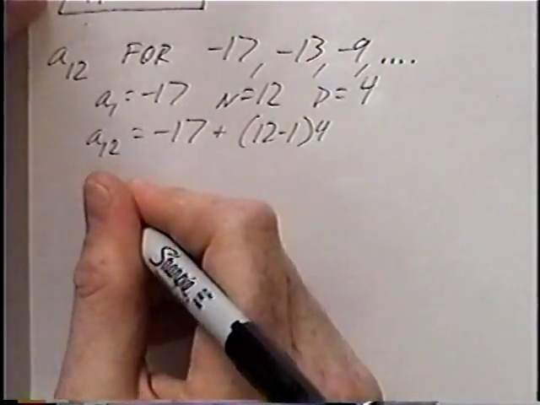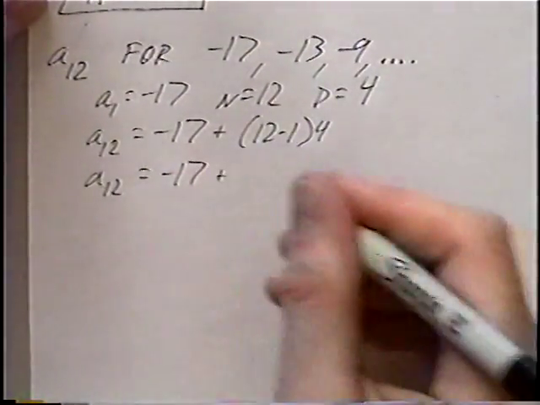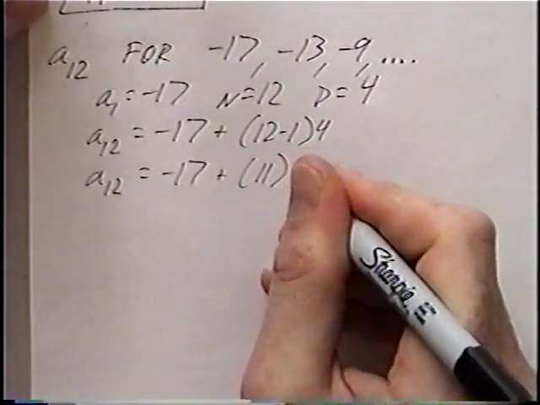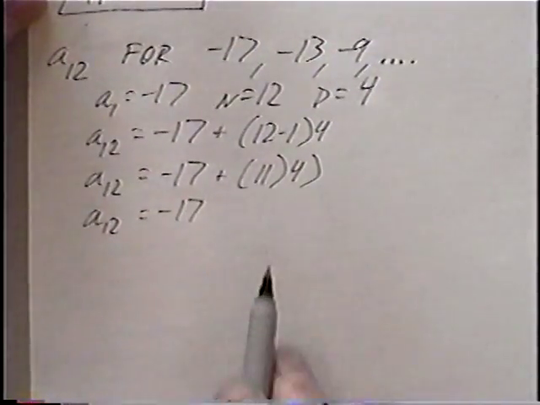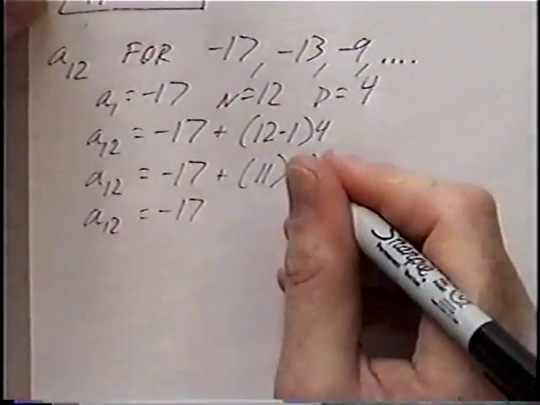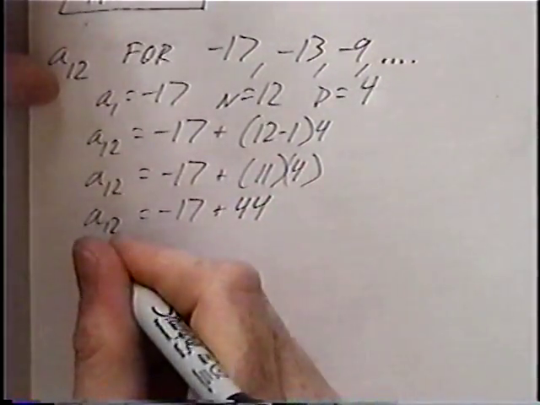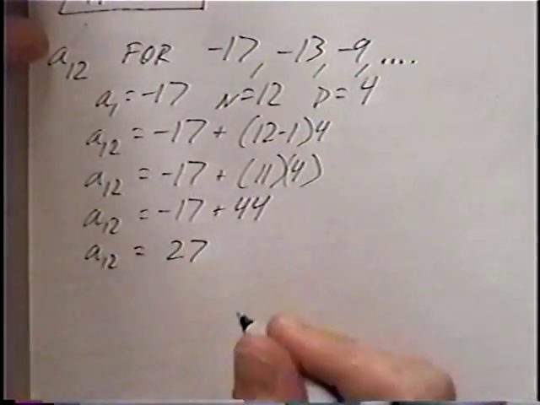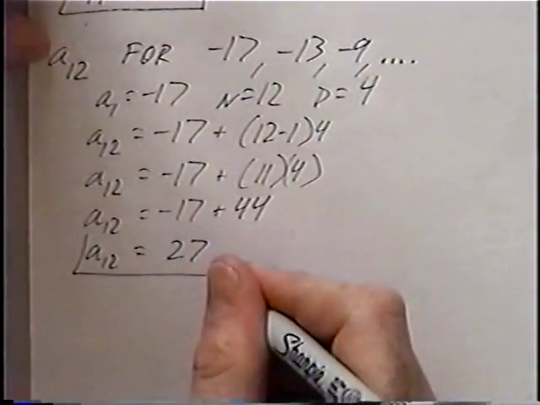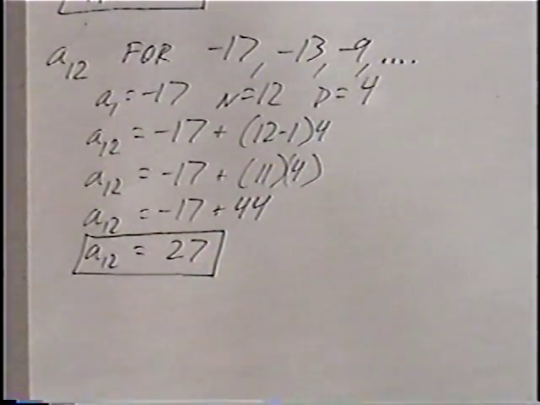Solving out, a sub 12 equals negative 17 plus 11 times 4. 11 times 4 would be 44. And a sub 12 would be 27. So in this case, the 12th term of the sequence would be 27.